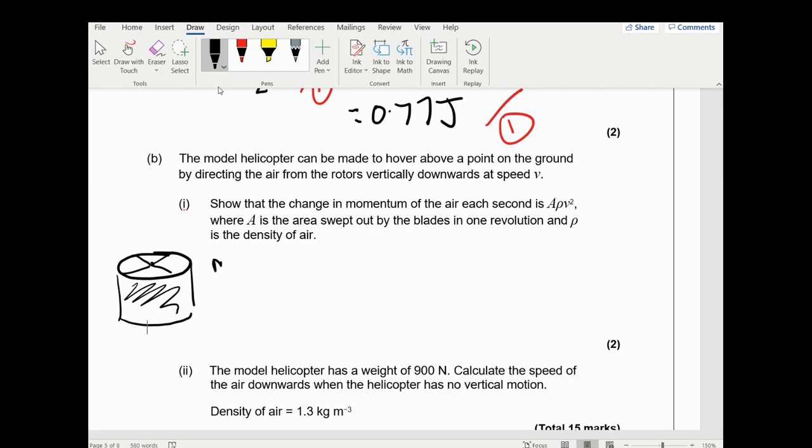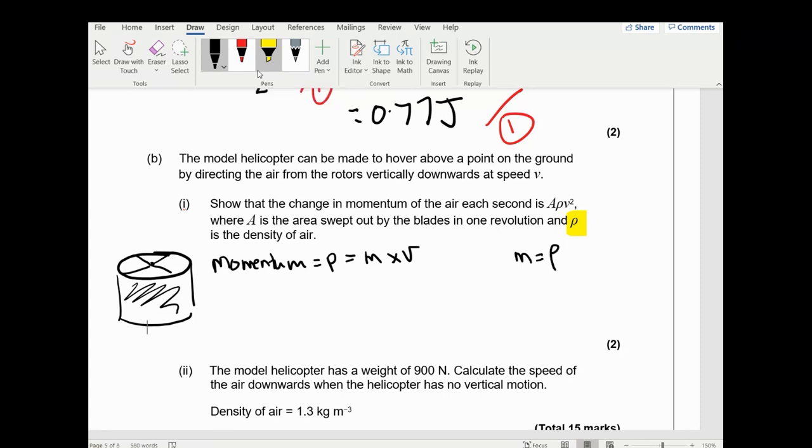So momentum, which is P, is mass times the velocity of the air. The mass, the minute you see density like that, you please write the density formula out.